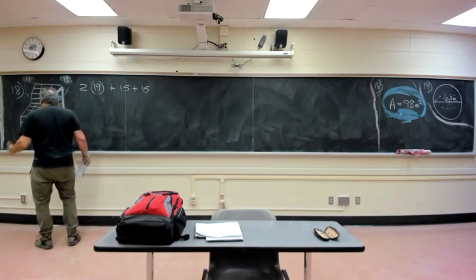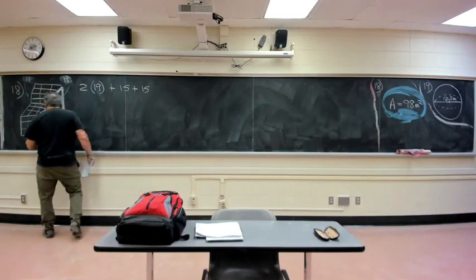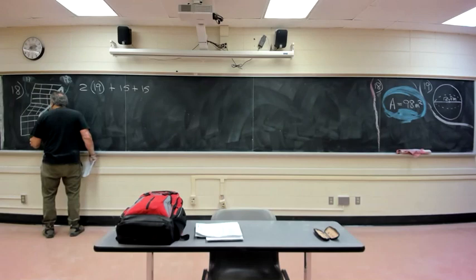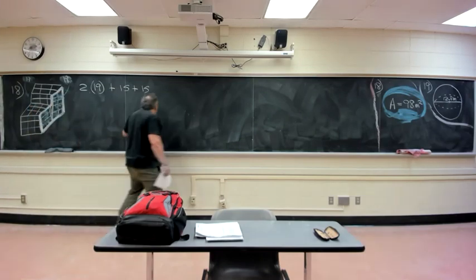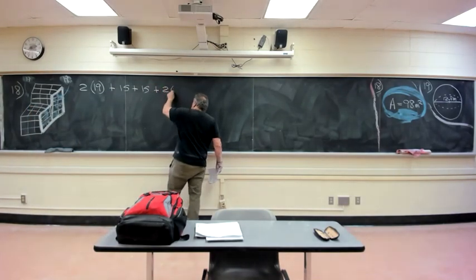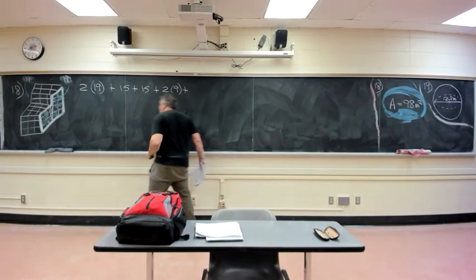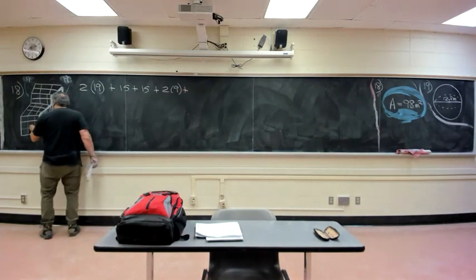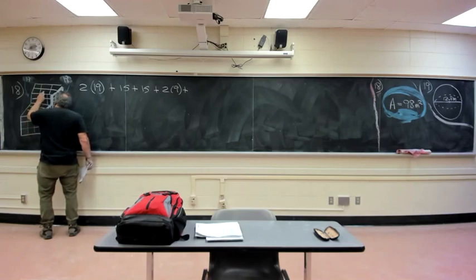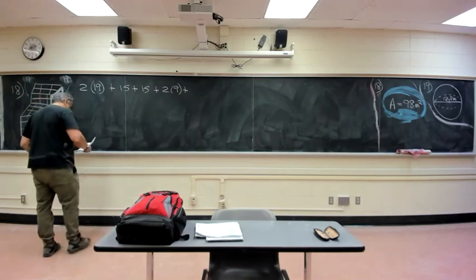And now I got everybody except for 3 by 3, which is 9. So there's 2 3 by 3s. There's 2 9s. There's 2 by 3, which is 6. 2 by 3, which is 6.